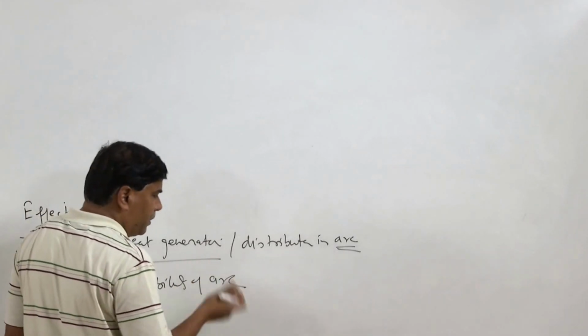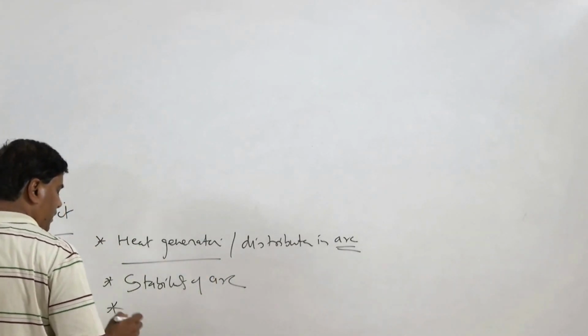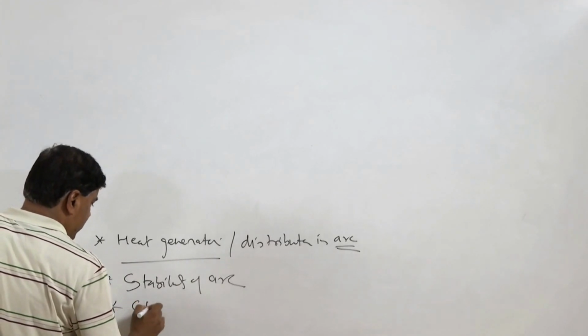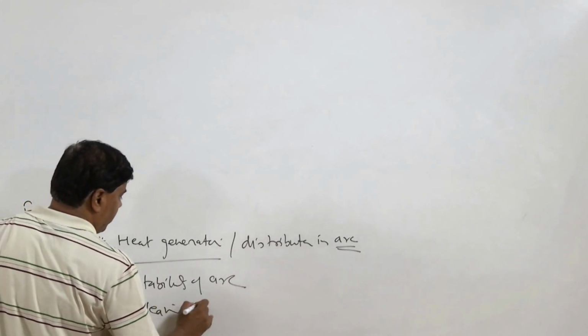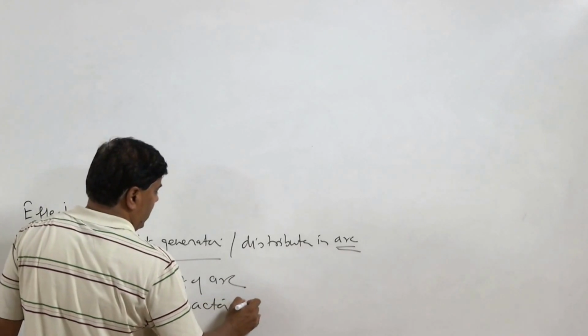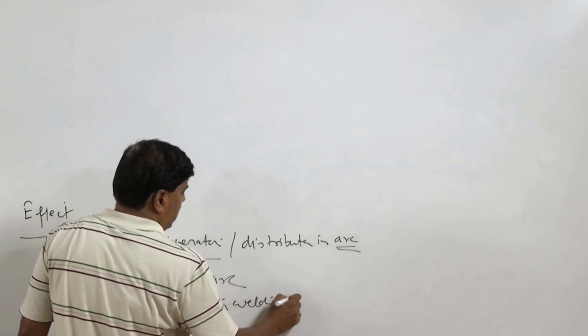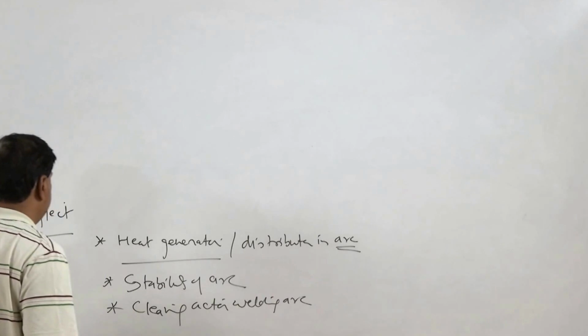So, a change in polarity can affect the stability of the arc in those cases, and another is the cleaning action which is offered by the welding arc when you are using a particular kind of polarity.